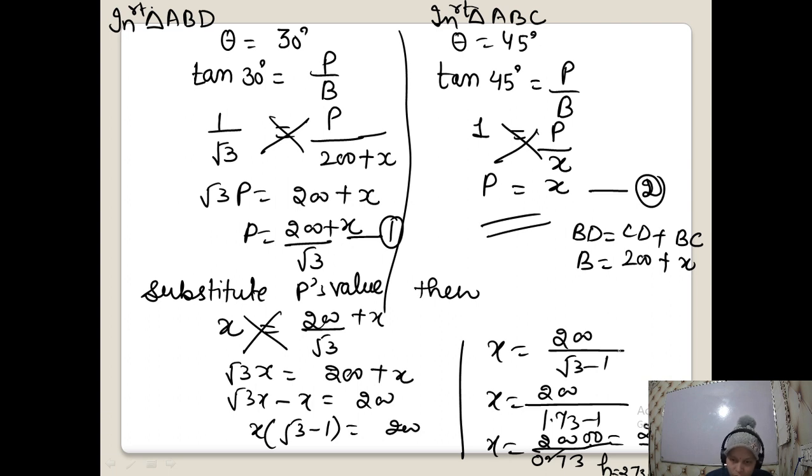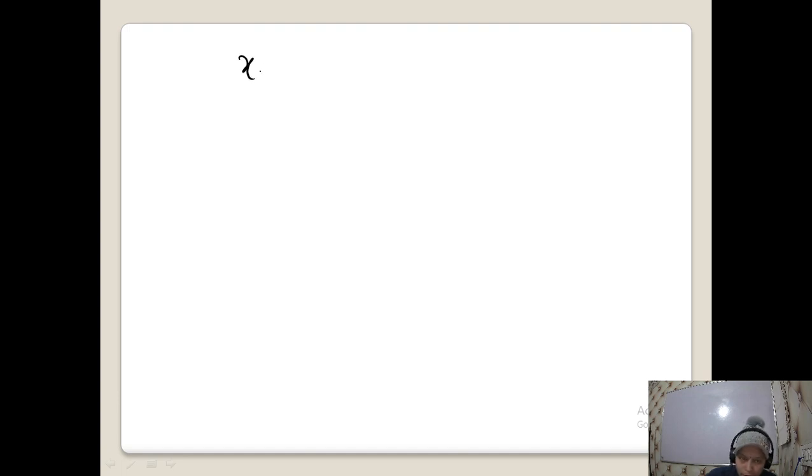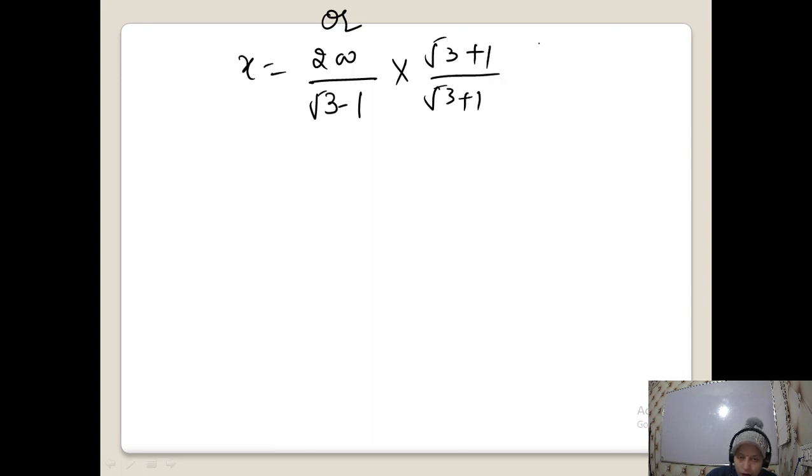You can solve this portion in another way, like this: 200 over root 3 minus 1, multiplied by root 3 plus 1 over root 3 plus 1, that is, by the rationalization method.